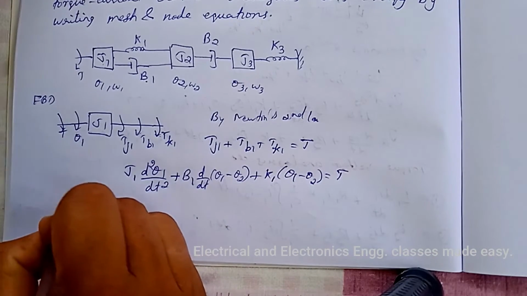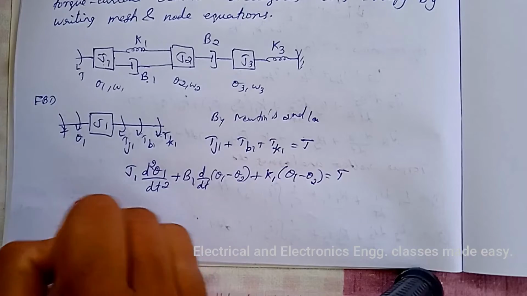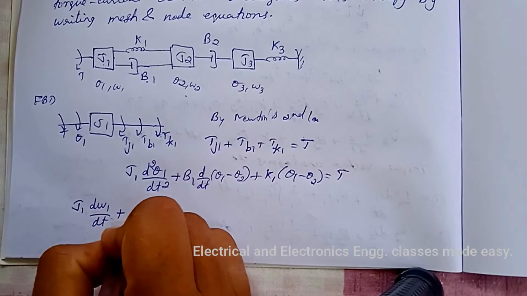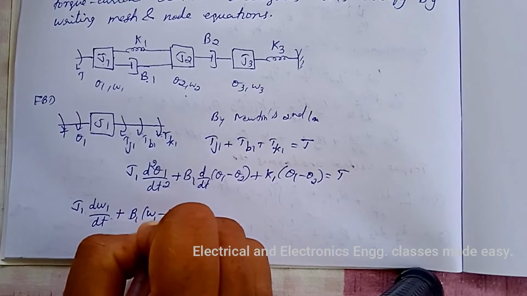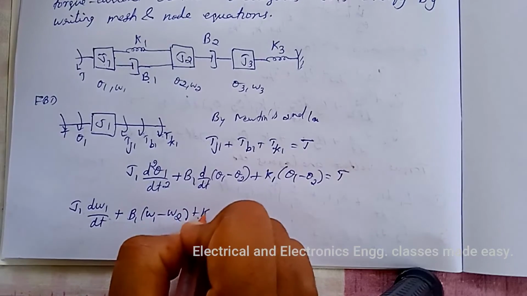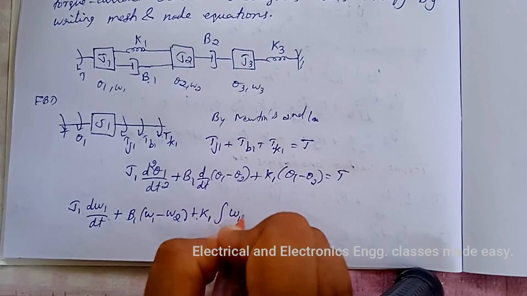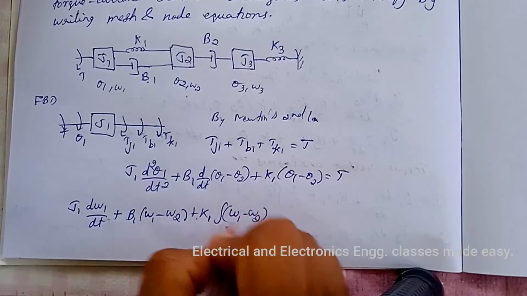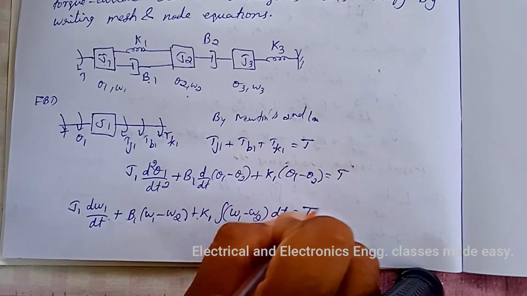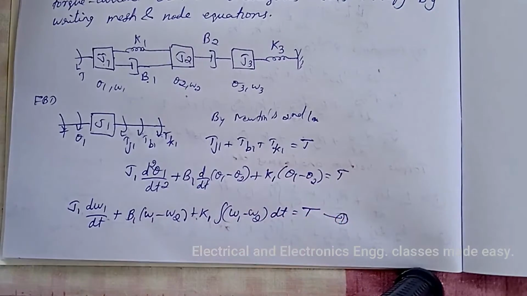So we can write J1 d omega 1 by dt plus B1 into omega 1 minus omega 2 plus K1 into integral omega 1 minus omega 2 dt equal to T. So this is equation 1.